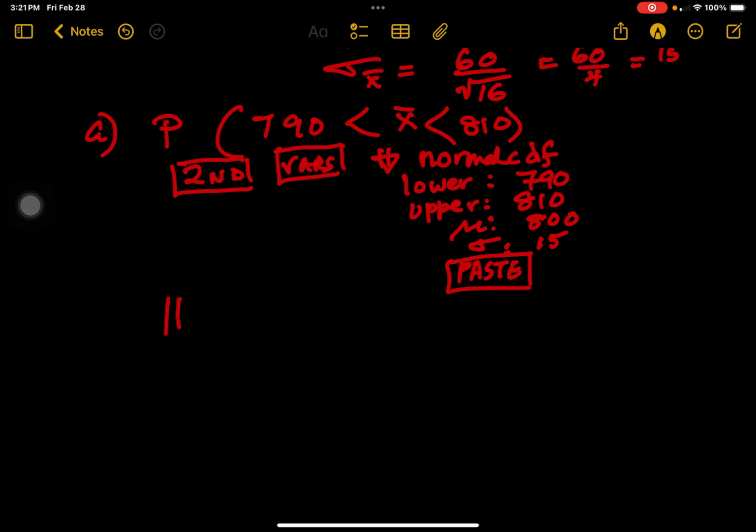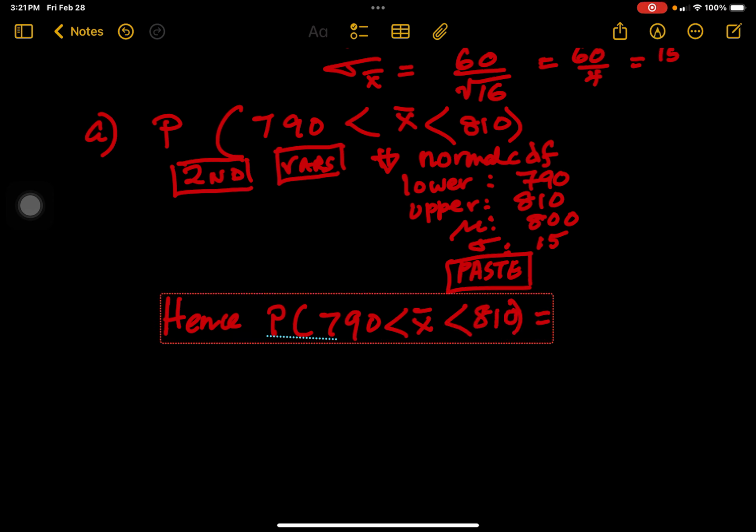Hence, the probability that x bar is between 790 and 810 is equal to. So I use the calculator, I do exactly what I wrote. I press the second button, then the vars key, which is in the third row.